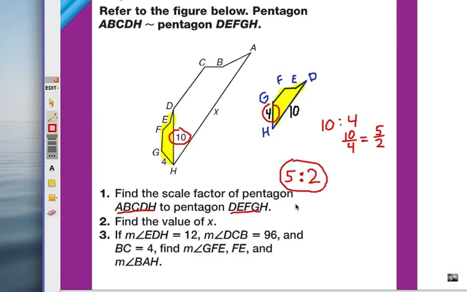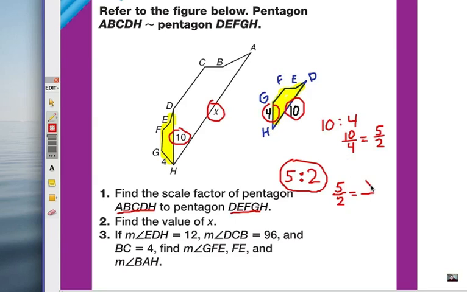Number two, find the value of x. Well, I have 10 compared to 4. Now we simplified that to 5 over 2. So let's use the ratio of 5 over 2. And notice how 5 comes from the large shape. So large shape compared to small shape equals the large shape side, x, compared to the small shape side, 10.